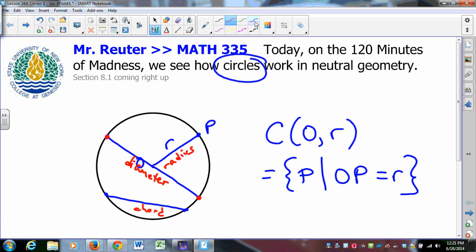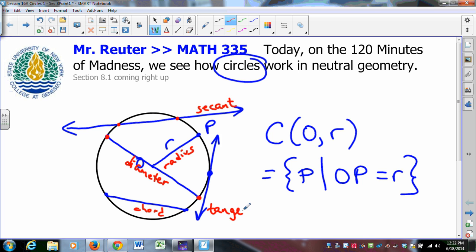We would talk about secant lines. A secant line is a line that intersects the circle twice. Whereas there are other kinds of lines that would intersect a circle only once, and those lines are called tangent lines.